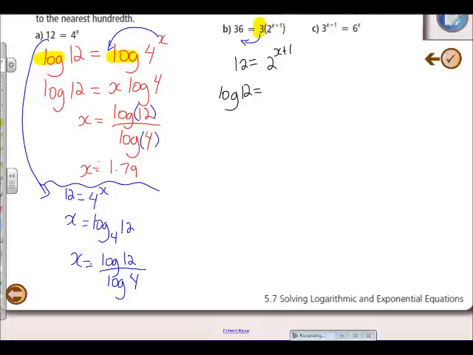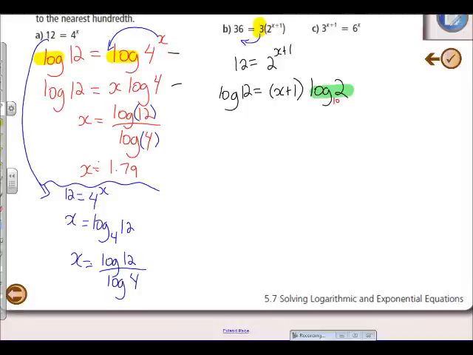If you want, you can bring that x plus 1 down right off the bat, because you know it's going to be an exponent you're going to bring down. I don't mind you doing that in one step. If you want to do it in two steps like I did here, write it here and then write it there, go with it as well. The next thing, log of 2. That's log base 10 of 2. It has a base on it.